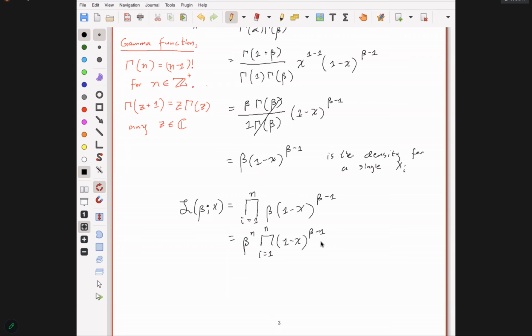But before we differentiate, what do we want to do? Differentiating right now would be really intractable because we have that big product there. So what can we do instead of differentiating directly?